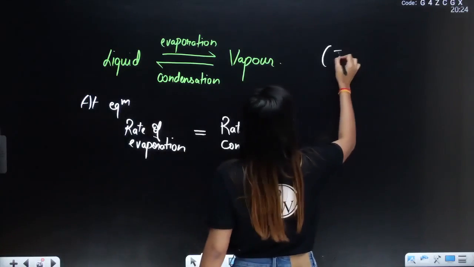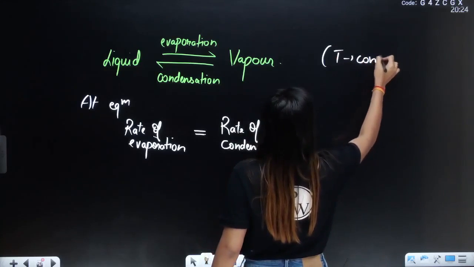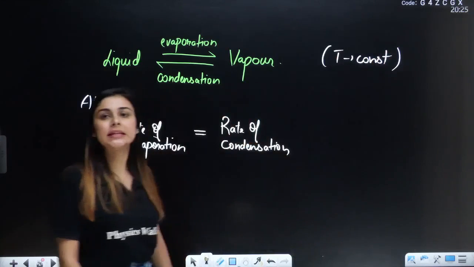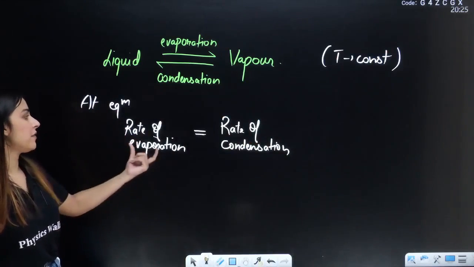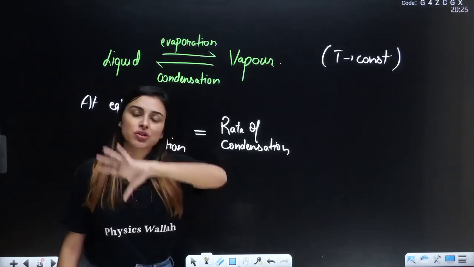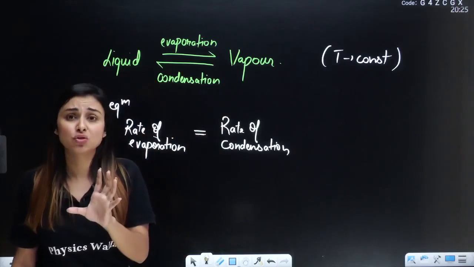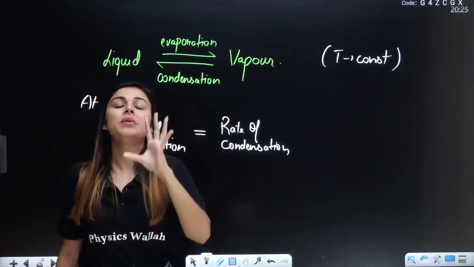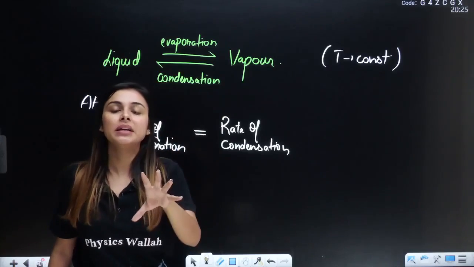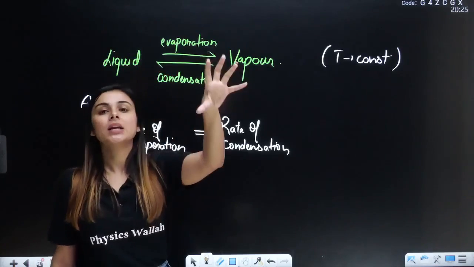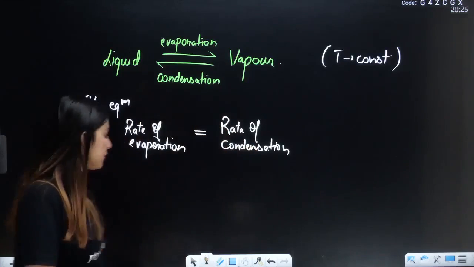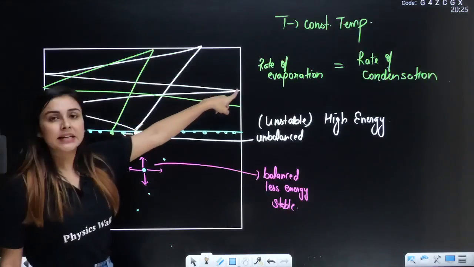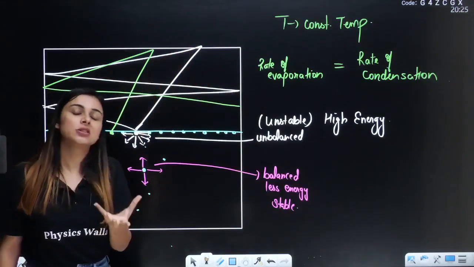You can write here that temperature is constant. Everything is happening at a constant temperature, right? Yes. So at equilibrium, the rate of evaporation is equal to the rate of condensation, right? Yes. Now my dear students, at this dynamic equilibrium, the particles which are in the vapor phase will definitely strike on the walls and they will exert some pressure.